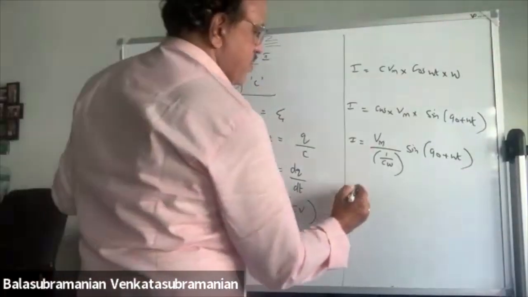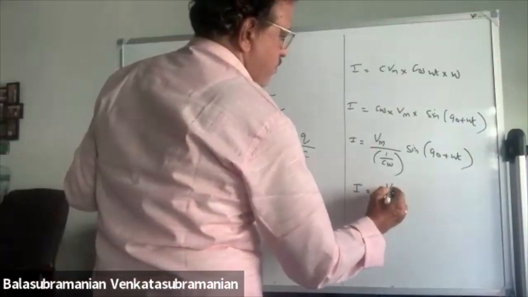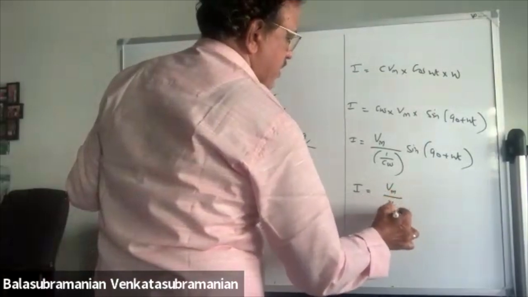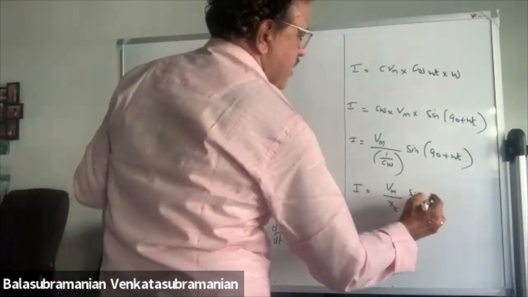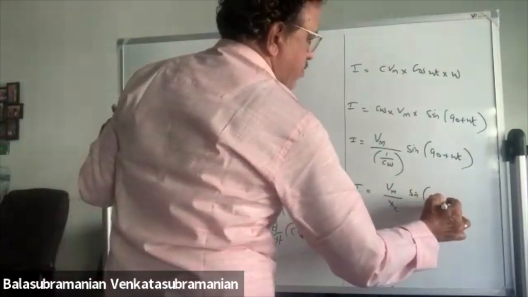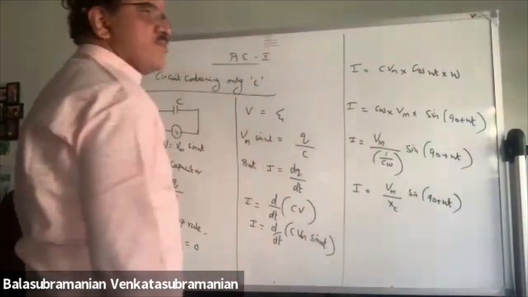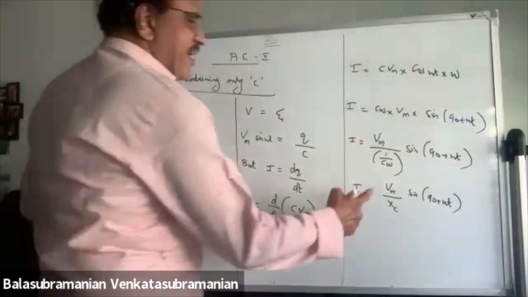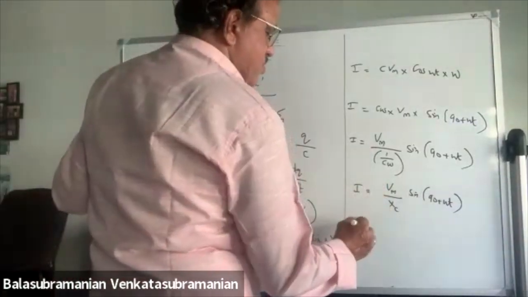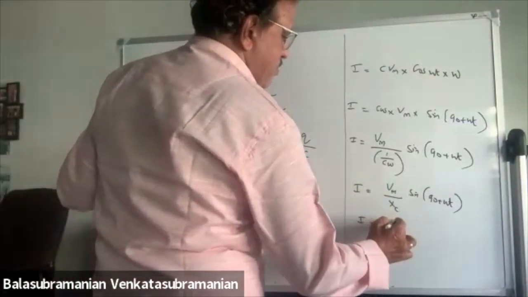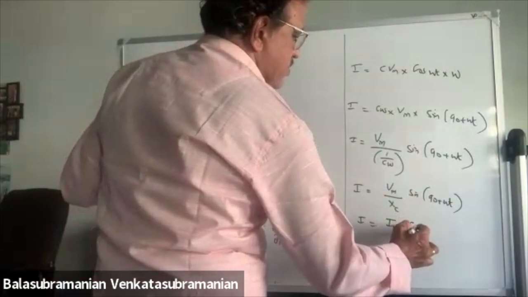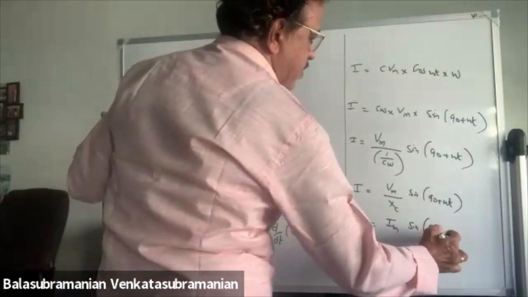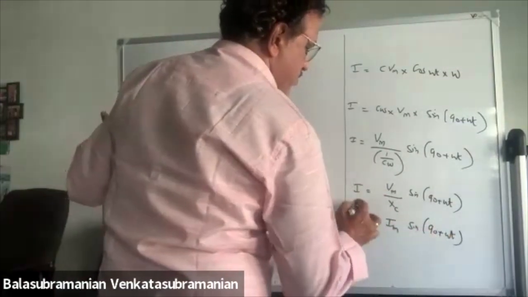So I is equal to Vm by XC sin 90 plus omega t. Maximum voltage by resistance we call maximum current, Im sin 90 plus omega t.